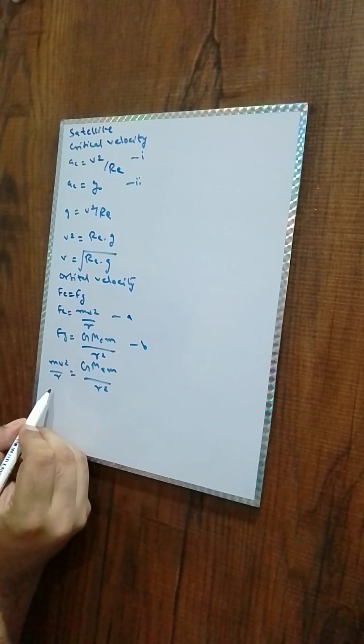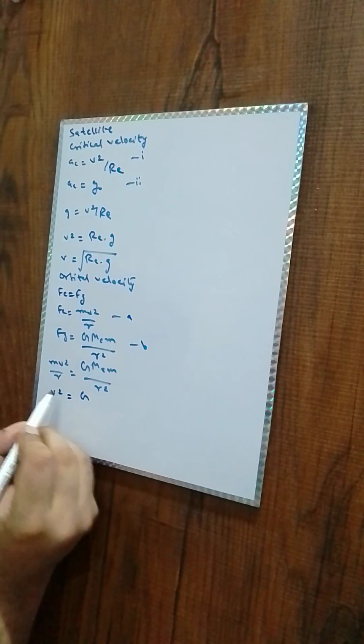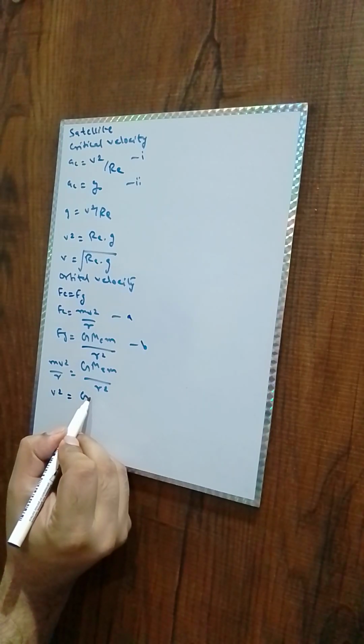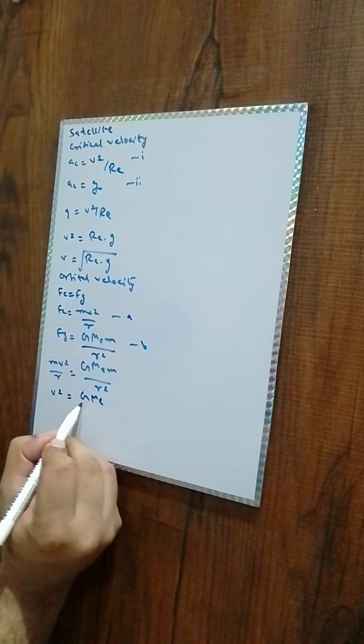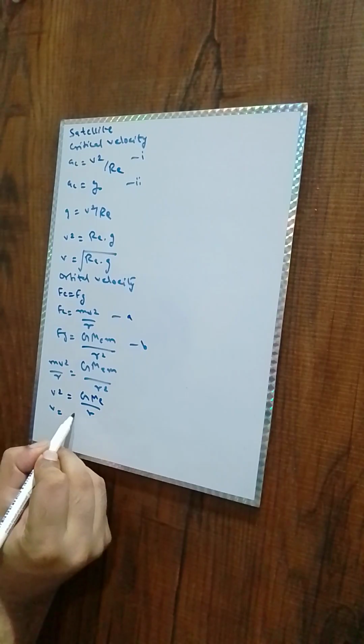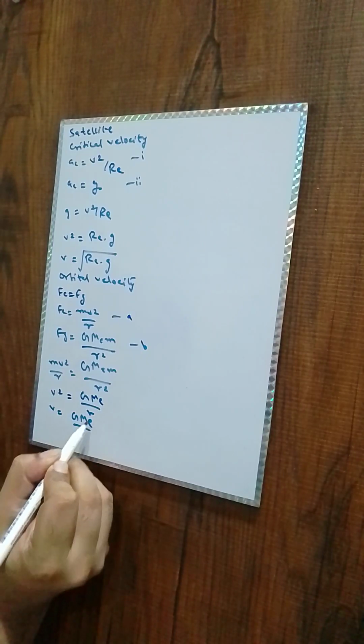M cancels out, one r reduces here, so v square is equal to gme by r.